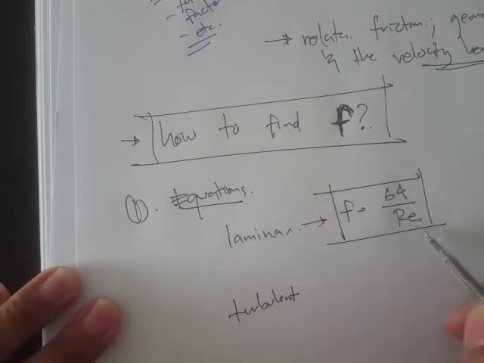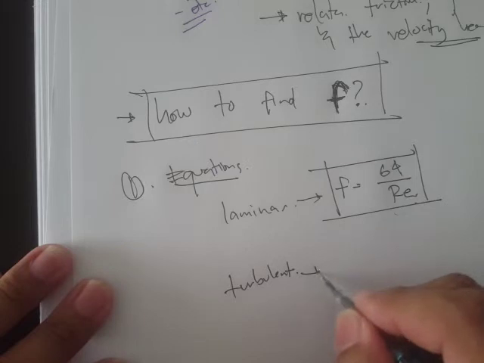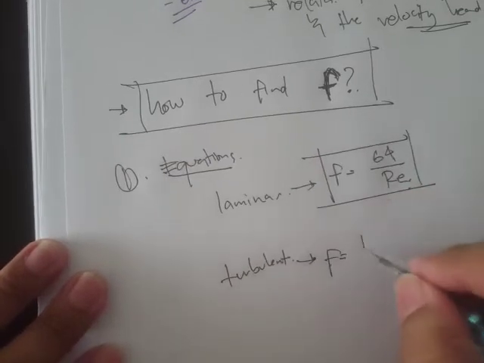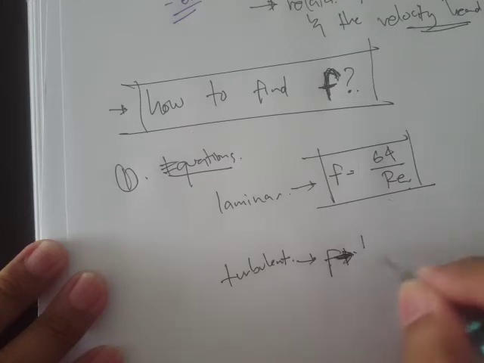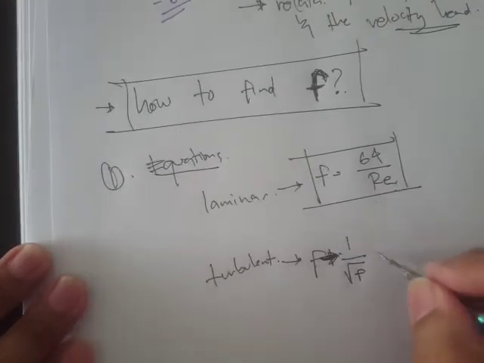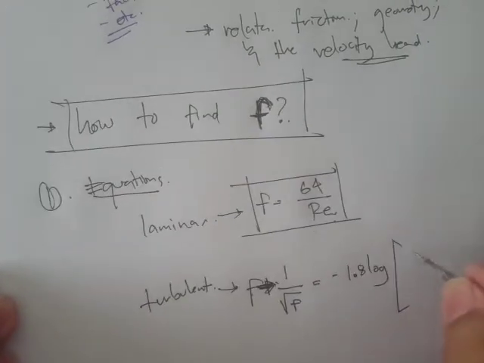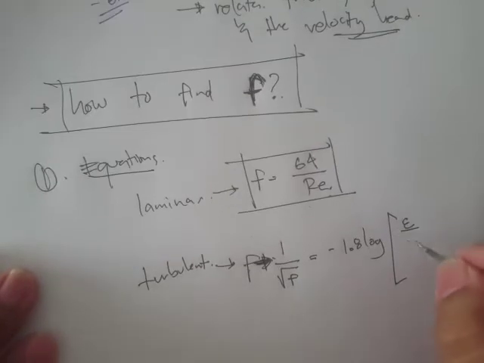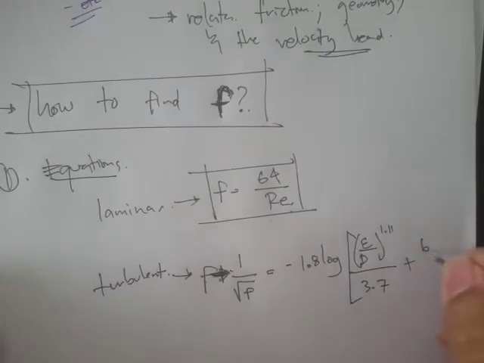But if it's turbulent flow, then 1 over square root of f is equal to negative 1.8 log of [(epsilon over D) raised to 1.11 all over 3.7, plus 6.9 over Re].